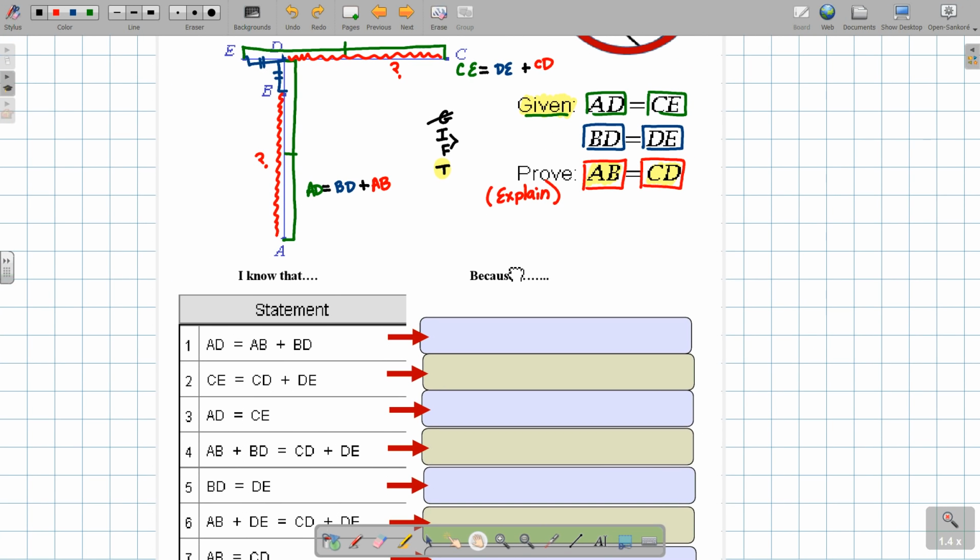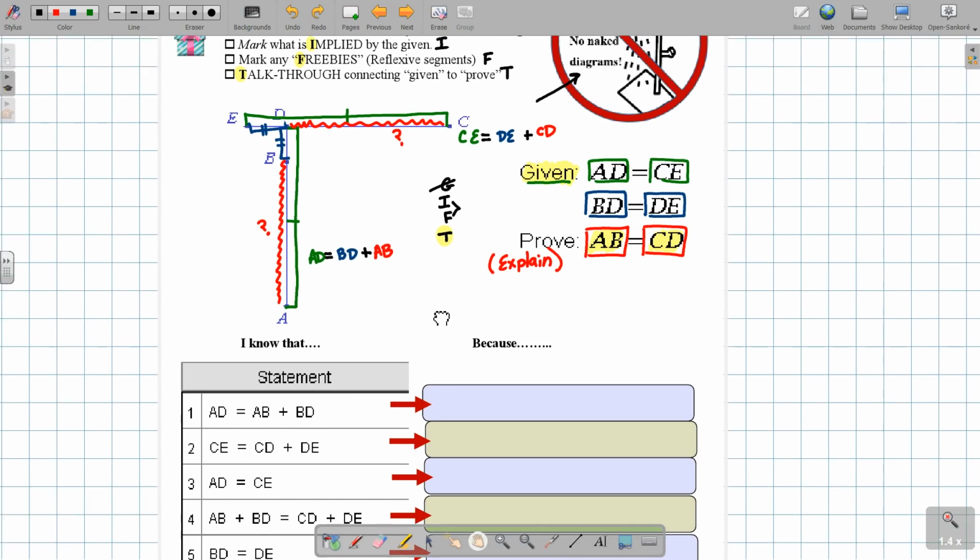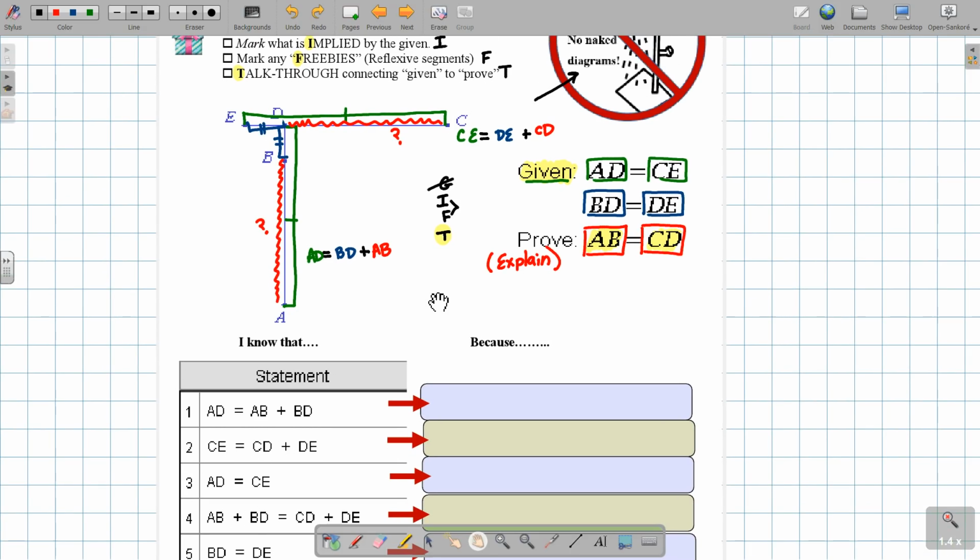All righty. Now that you've talked it through, you should have said something like, oh, well, if the big segments are equal, and these little pieces are equal, if you take away the little piece, then these red pieces have to be equal. It's really not that hard.